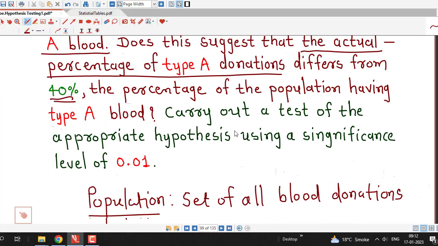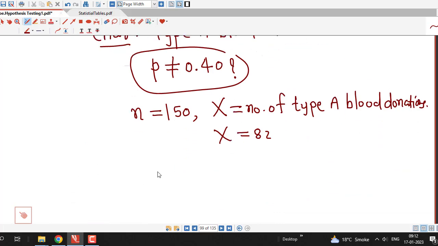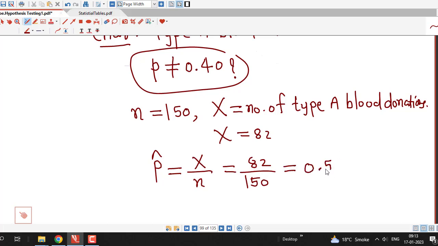From this we can find the sample proportion, denoted by p hat, which is X by n, that is 82 divided by 150, and this comes out to be 0.5467.